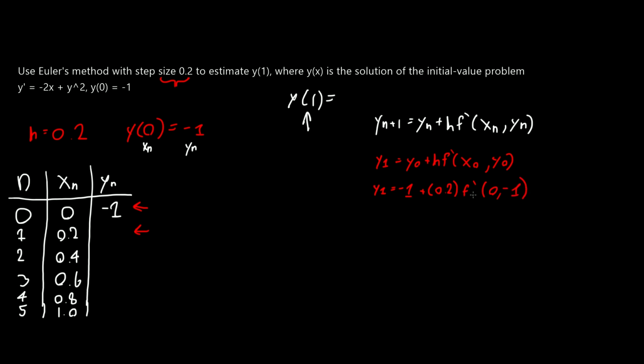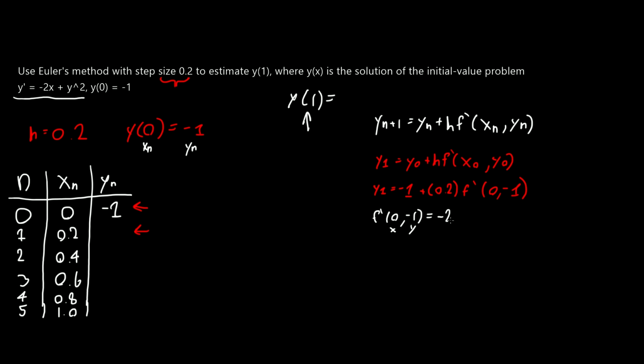And before I move on, I am going to go ahead and solve for f before we do anything. So f of 0, negative 1, will be equal to, remember this is our x and this is our y. So we need to plug both of these into our first equation. So the original equation was y prime equals negative 2x plus y squared.